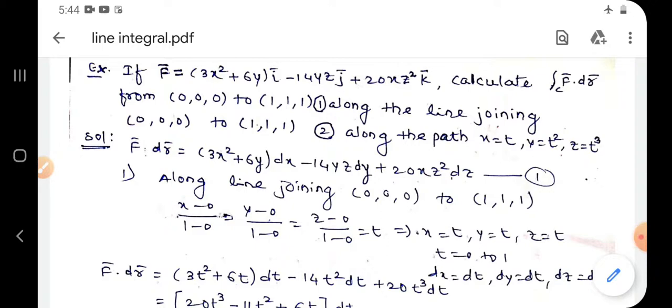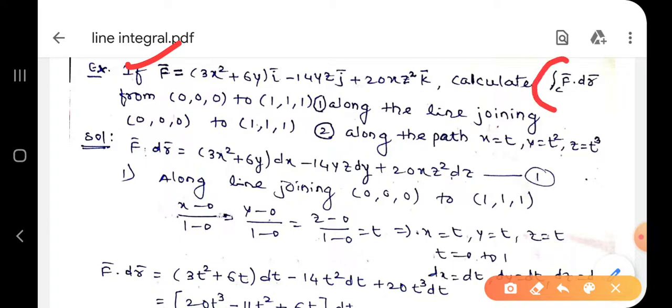On the line integral, we are going to solve a few examples in this video. Here is the first example: if f bar is equal to 3x square plus 6y i bar minus 14yz j bar plus 20xz square k bar, then calculate the integral over c of f bar dot dr bar from (0,0,0) to (1,1,1) along the line joining (0,0,0) to (1,1,1), and the second one is along the path x equal to t, y equal to t square, z equal to t cube.